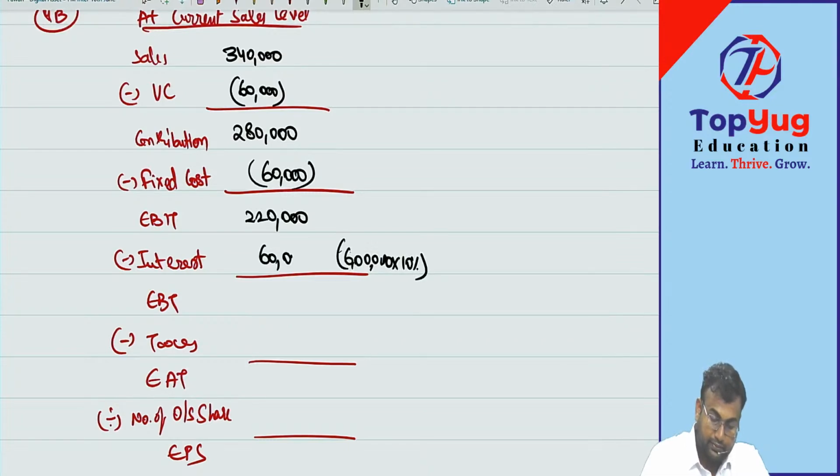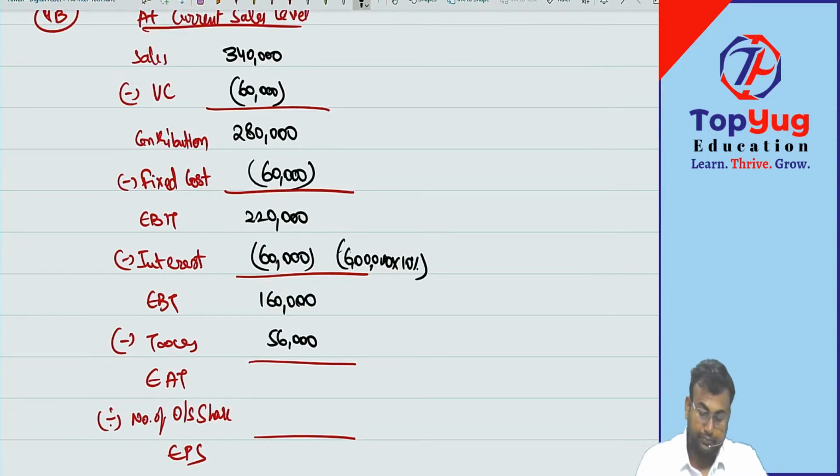Then minus taxes, so 1,04,000 is your EAT. The number of outstanding shares comes from the balance sheet given to you. EPS is how much, dear? So this will become your old EPS.